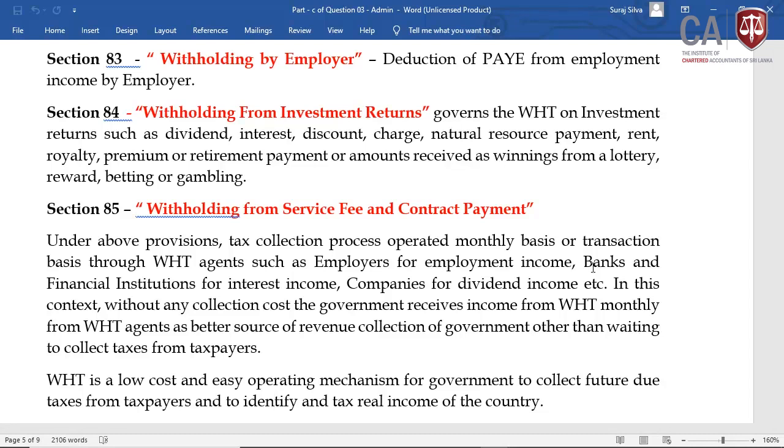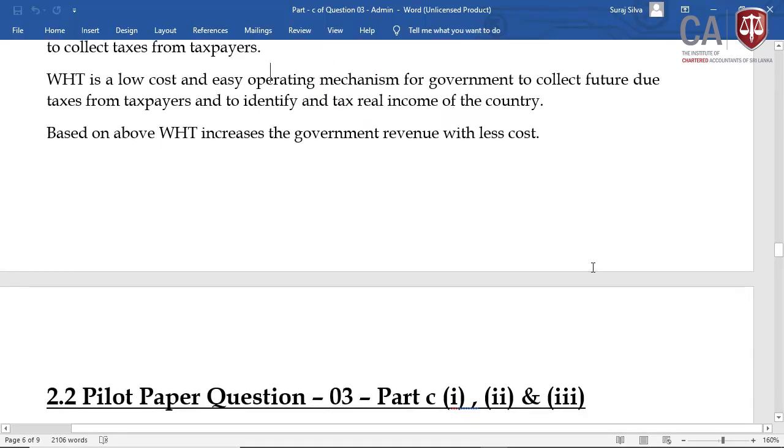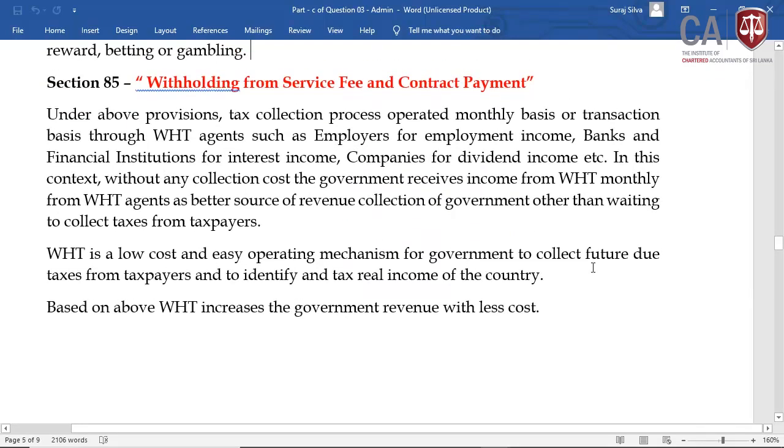Section 84, withholding from investment return, governs the WHT on investment returns such as dividend, interest, discount charges, annuities, natural resource payments and likewise. And section 85, withholding from service fee and contract payment, is governed by section 85.